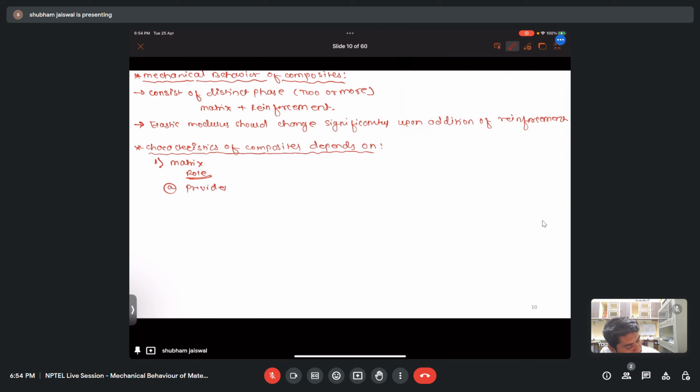Then it protects the reinforcement. Then the third one is that it transfers the load to the reinforcement.